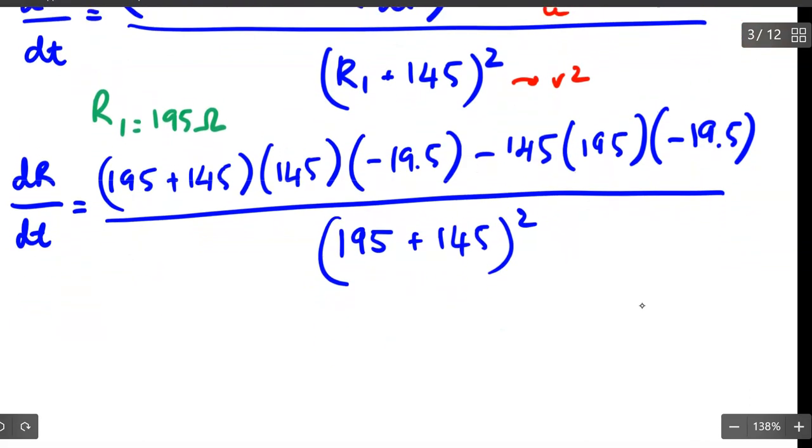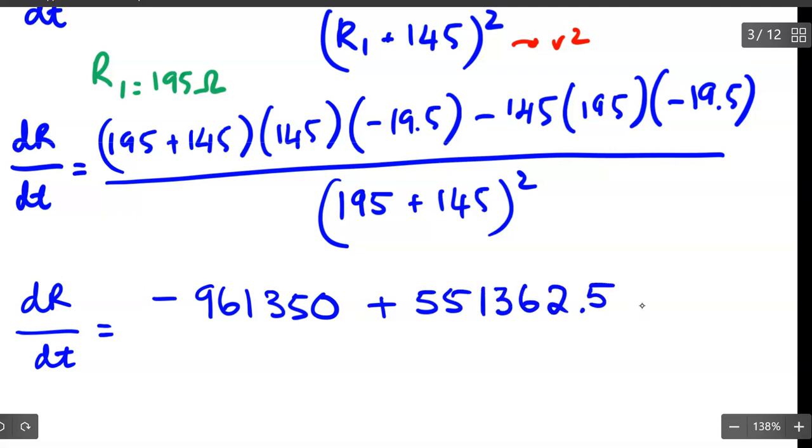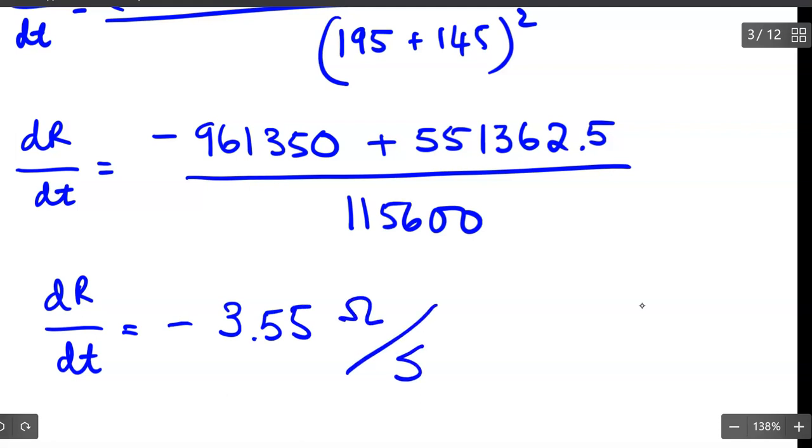Don't forget, use your calculator. I'm going to give you the number that I got. This whole thing will be divided by this number. In the end, my dR over dt will be equal to negative 3.55 ohms per second, as decreasing.